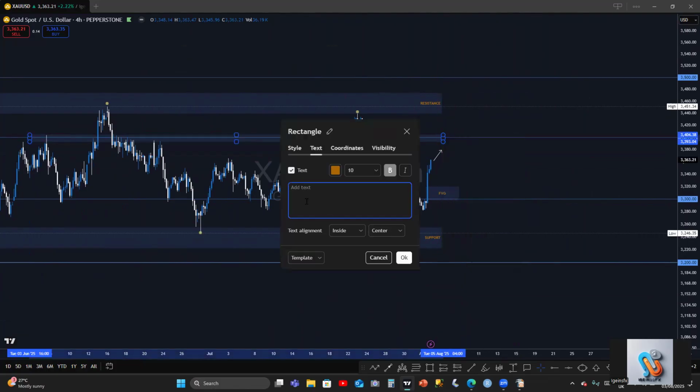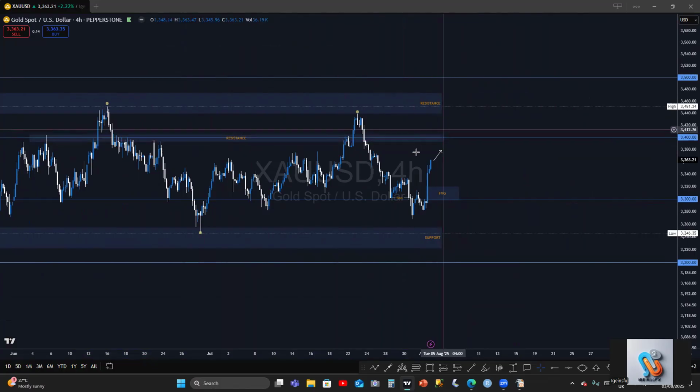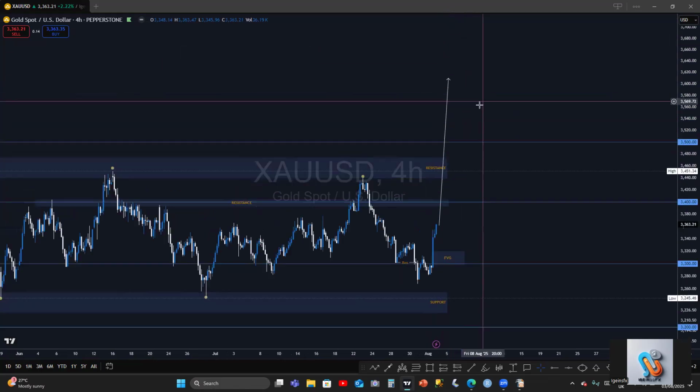So what we need to note is that when price gets to this point, if it breaks it, then there's another resistance here. If it breaks it, we wait for price to come back and retest this top, then we go.